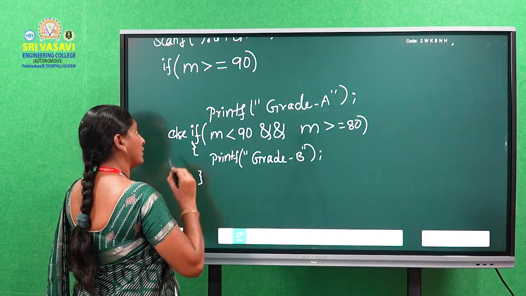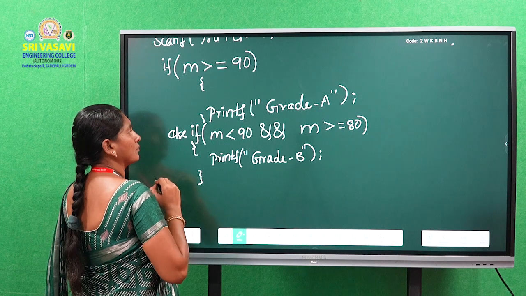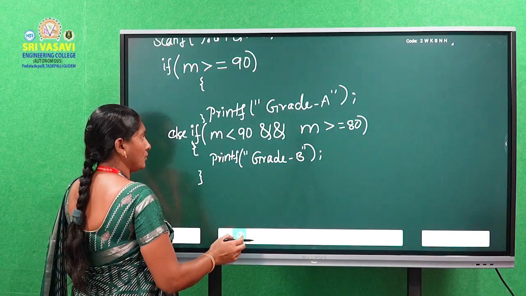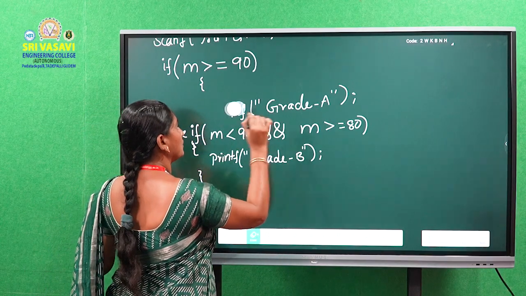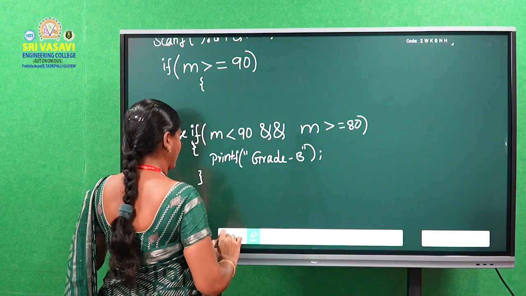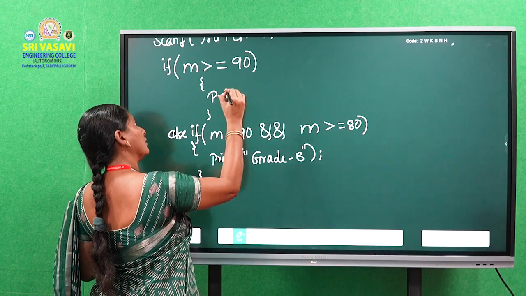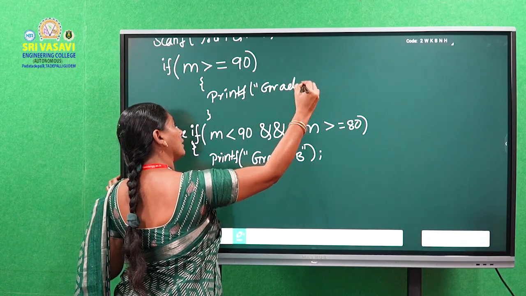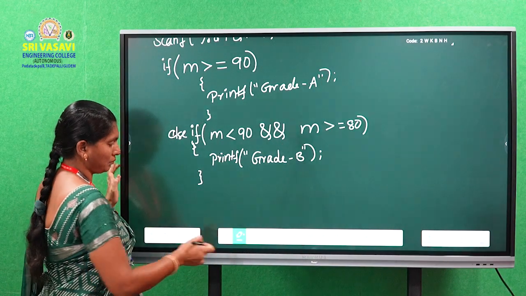If you want, you can place them. Don't get confused. Here I would like to print grade B.